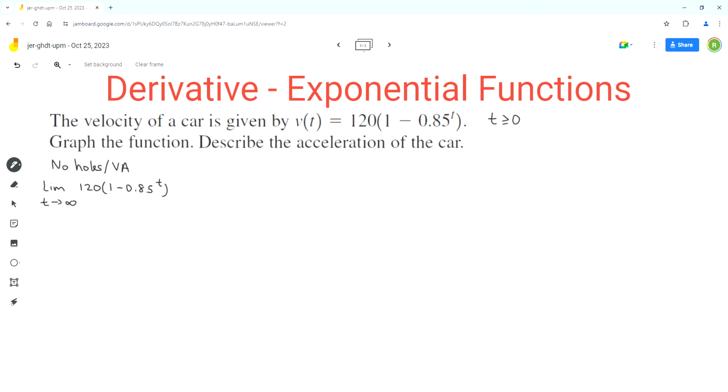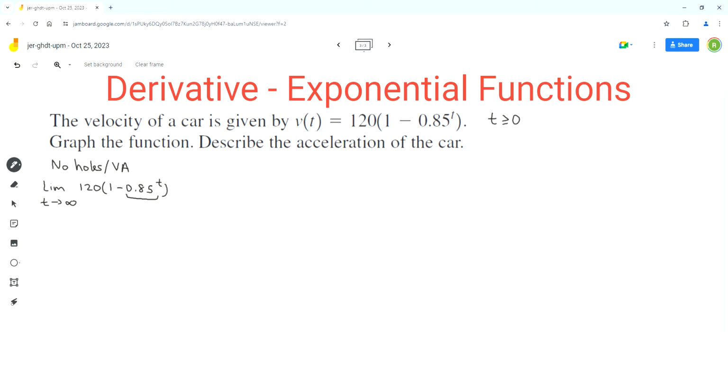Now in this given function, the term 0.85^t decreases in value as we keep increasing the t value. So there's something you can check in your calculator. As t increases, the value of 0.85^t decreases. So as t approaches infinity, a very big number, 0.85^t approaches 0.